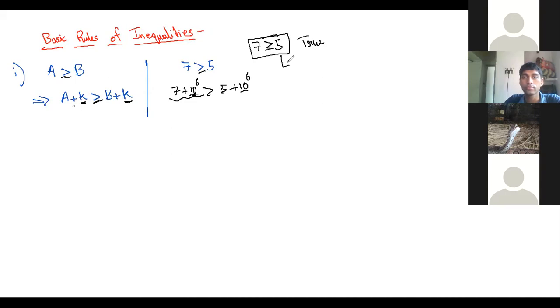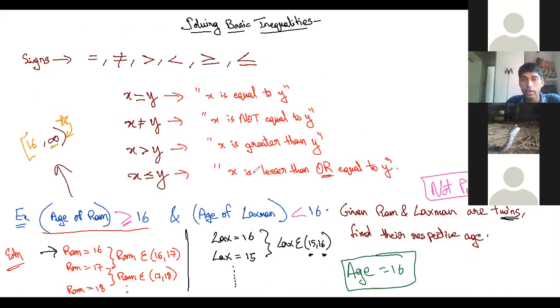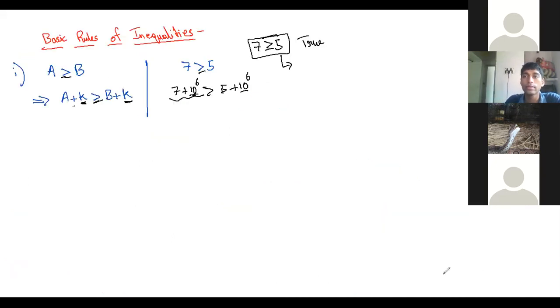It is satisfying one of the conditions. That's why you should be careful. It can satisfy either, it doesn't have to satisfy both simultaneously. So even if it satisfies one, we say it is satisfying the inequality. But generally, you won't find anything like this. Generally, we deal with variables.